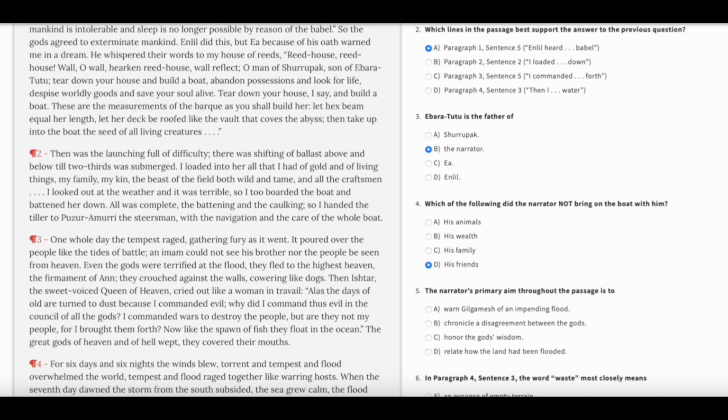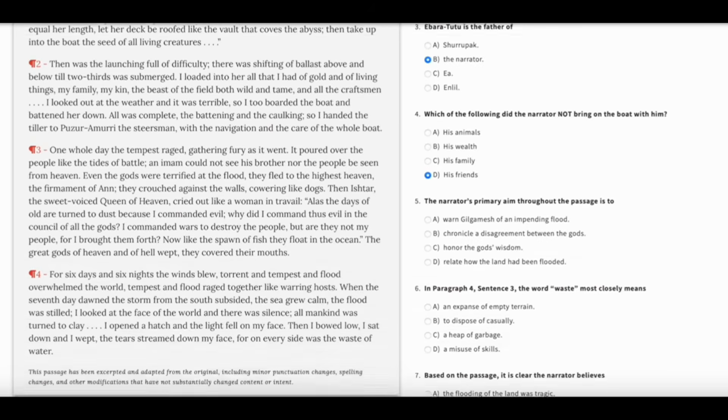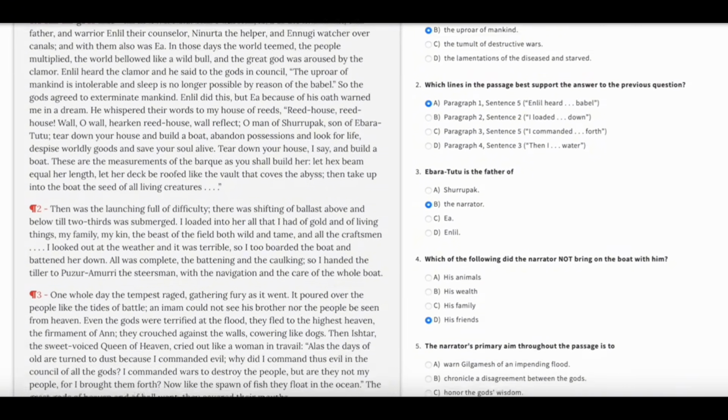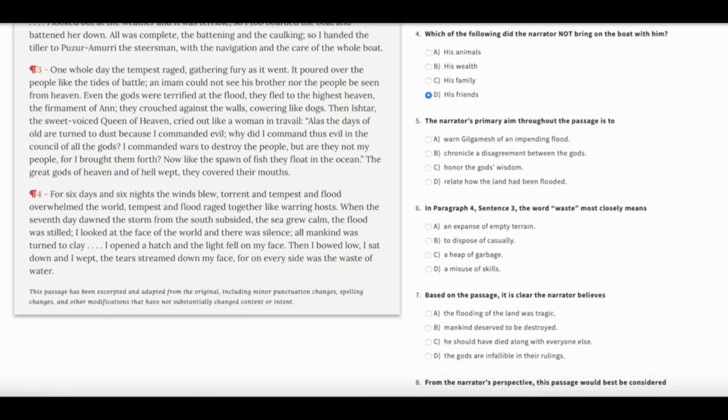Basically after paragraph 3 on down, it's all about the flood happening. Don't get me wrong, I think one of the goddesses does warn him, so you can argue there's a little evidence for that. I'd look for something with more evidence, though, and you're right, the whole second half just talks about the flood happening. Try answer choice B.